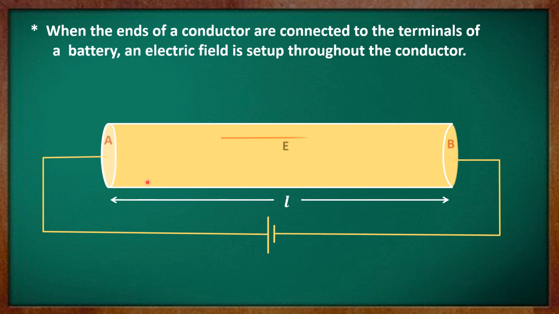But in case of fluids, when current is allowed to pass through them, the positive and negative ions move in opposite directions. So for that reason, here I am taking a positive charge. Here Q is the positive charge which is at the end A.